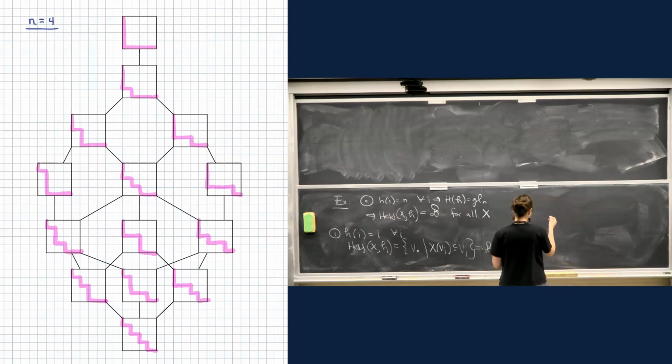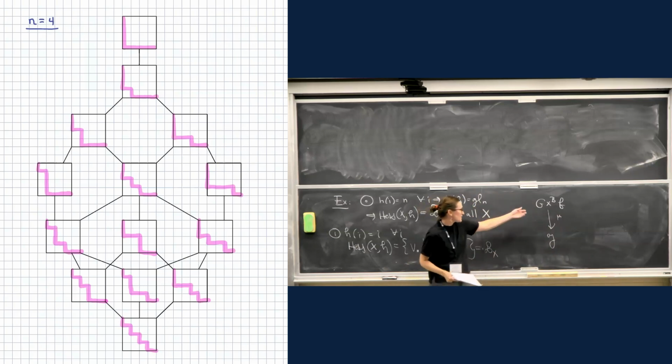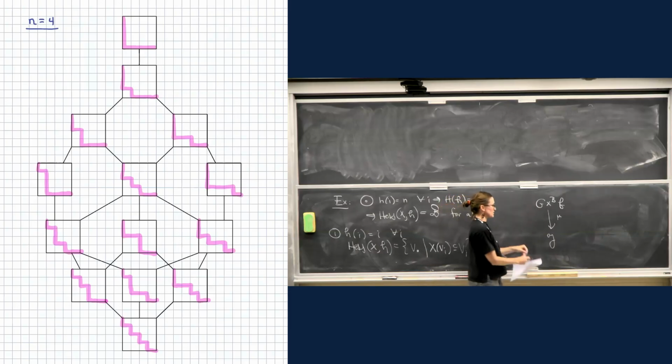But why are they called Springer fibers? Let me briefly write. One thing you can think about is this mixed space, G cross upper Borel of script B. Script B here is the Lie algebra of my Borel subgroup B, so it's just the upper triangular matrices in GLn.